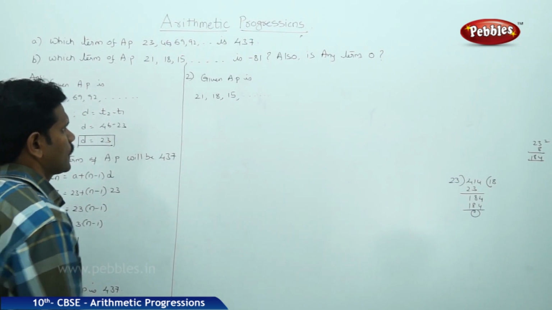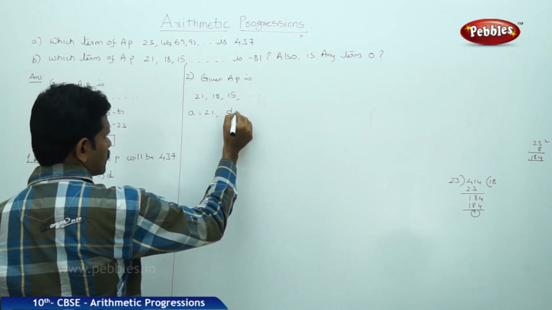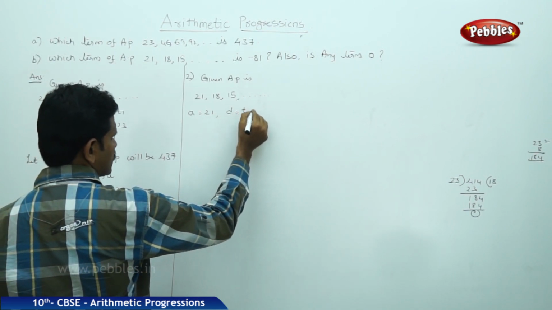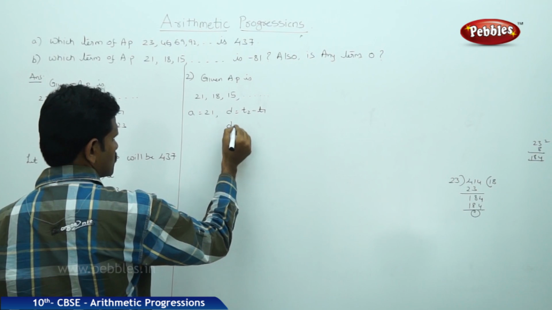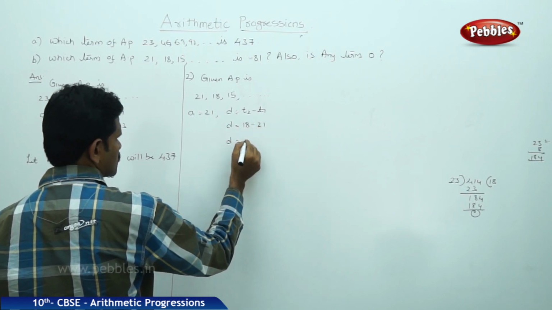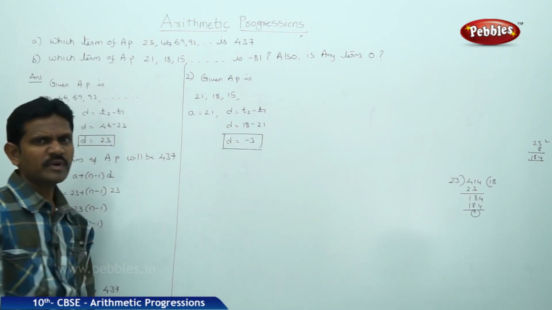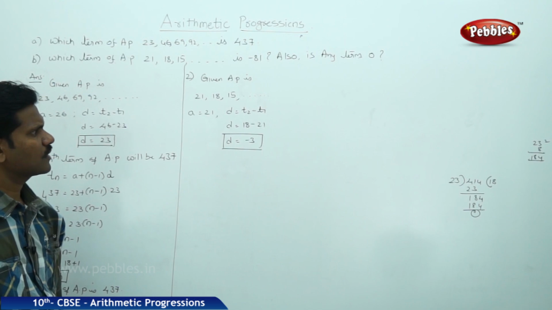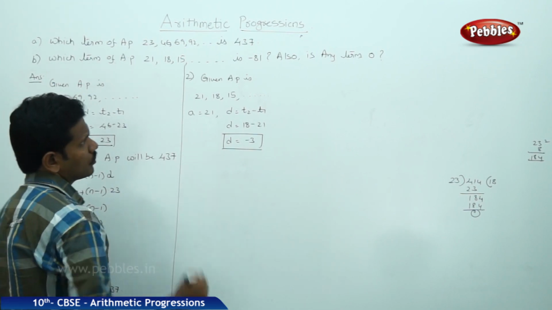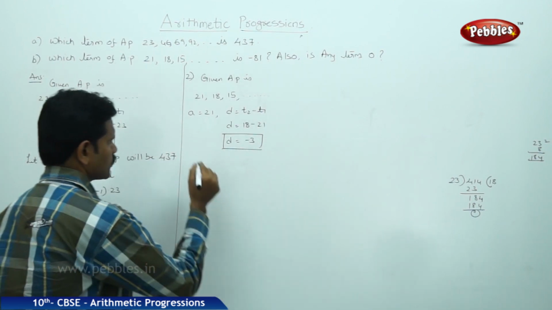Now let us check. A value 21, D value T2 minus T1, that is D is equal to 18 minus 21, D is equal to minus 3. Now the common difference is minus 3. Now which term is minus 81? Actually I don't know, that's my supposition.